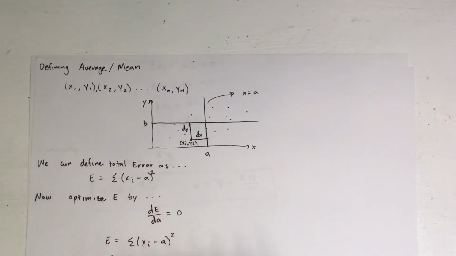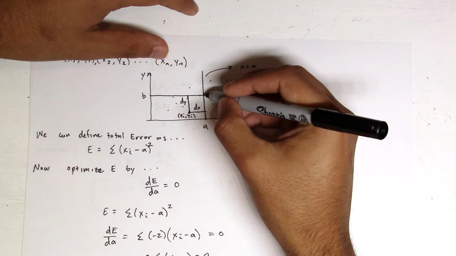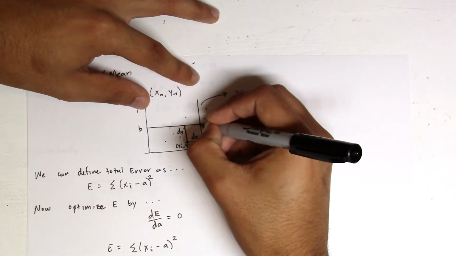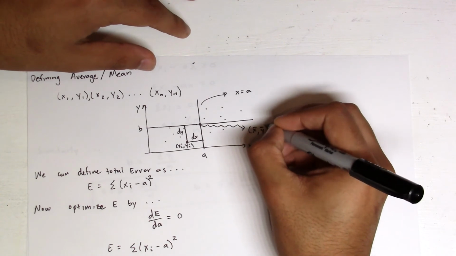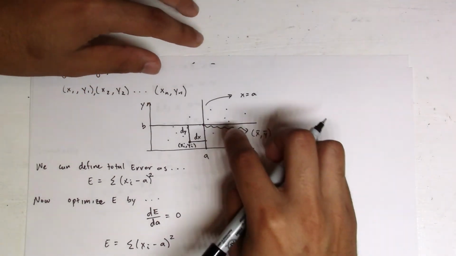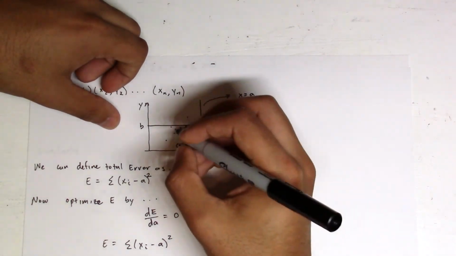So this becomes like the middle line of your data points. A very important thing to point out is that we're going to look at this point right here. I'm going to move this out as (x bar, y bar), and later this becomes a very crucial point when performing linear regression.